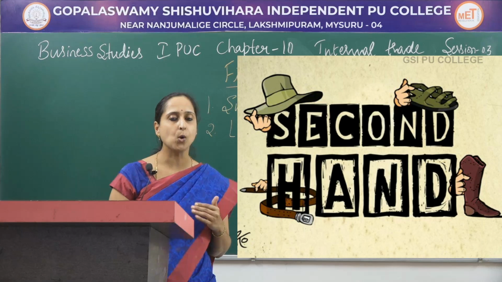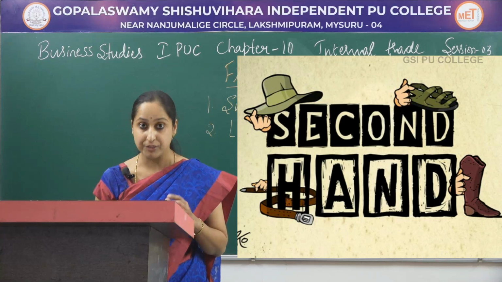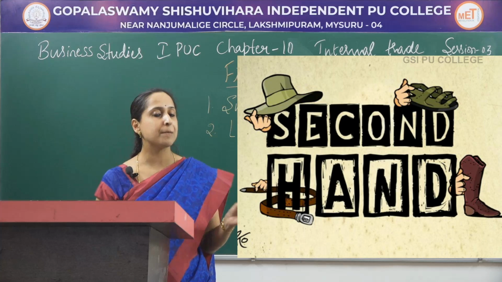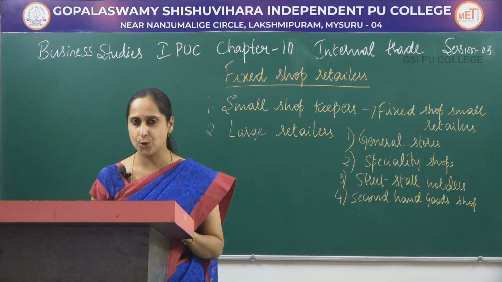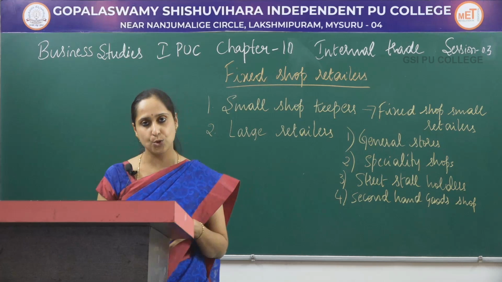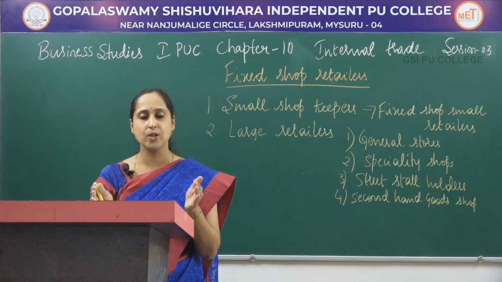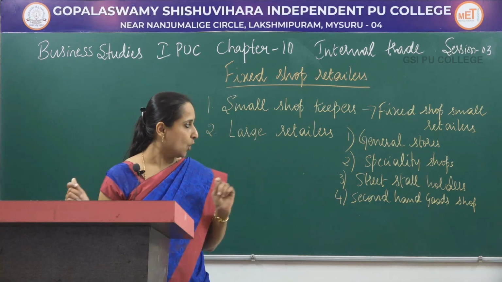These shops also stock antique pieces and objects which are of historical value, and they sell at higher prices. Again, these shops are located at street crossings or in busy streets. The place to sell the second hand goods is very small, and they usually sell it to customers. So this is second hand goods shop.